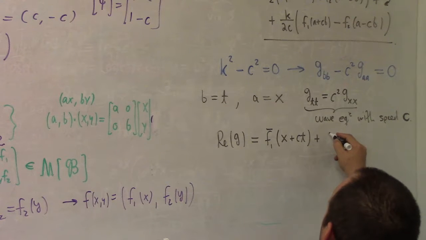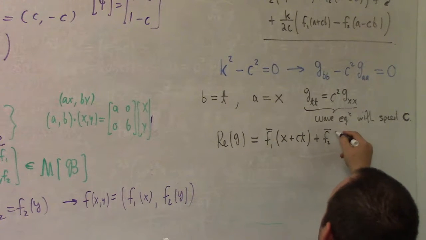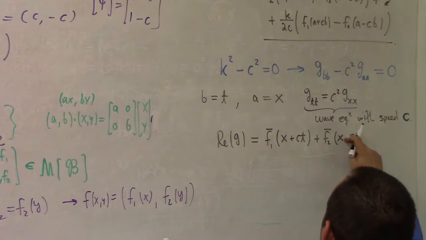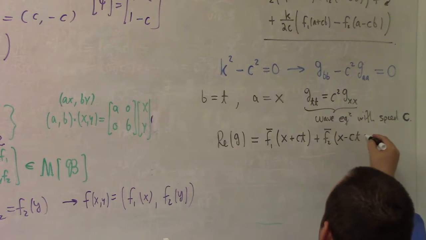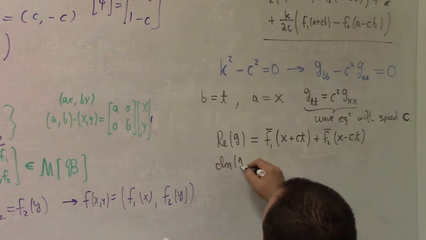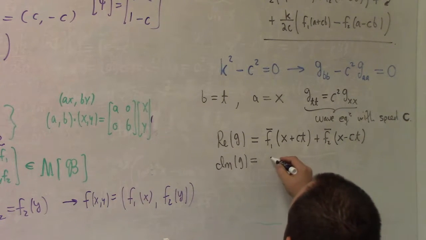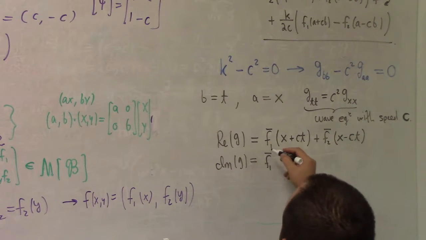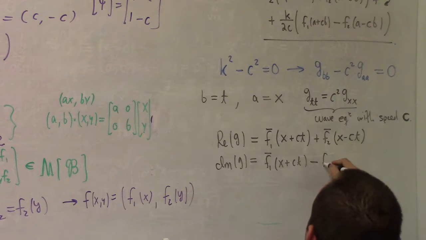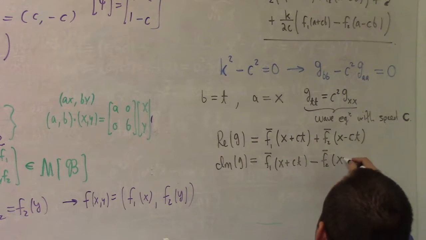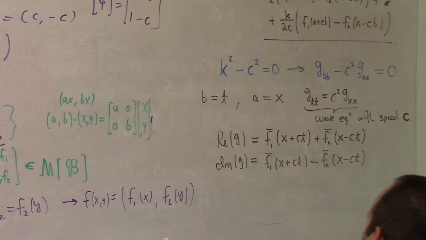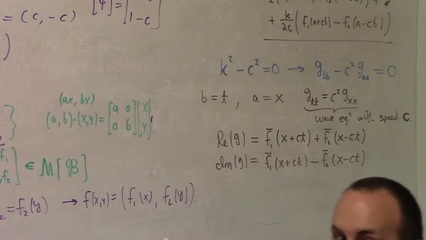Plus F2 bar of X minus CT. And then the imaginary part of G is what? Again, it's F1 bar of X plus CT minus F2 bar of X minus CT. Of course, if you wanted to think about these separately, you could just redefine F2 bar and throw the minus into that if you wanted.